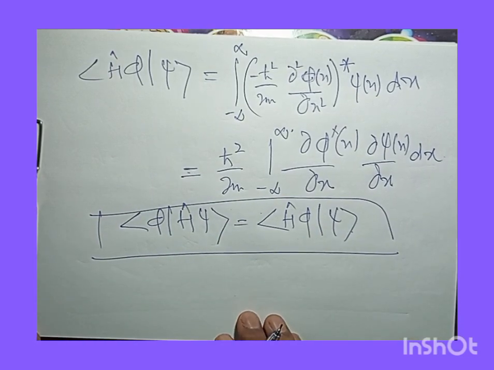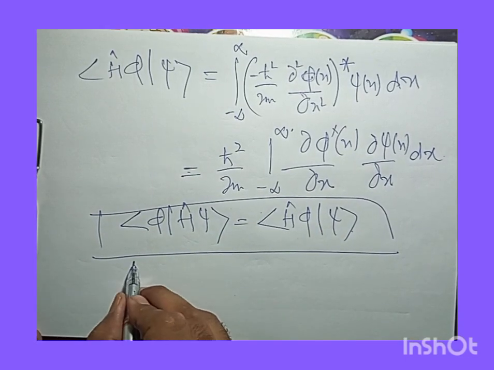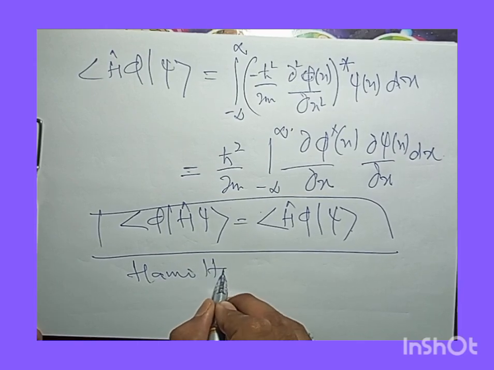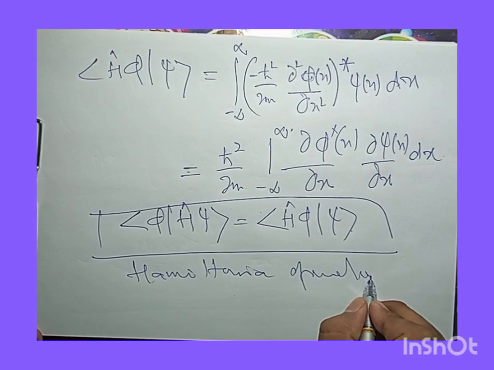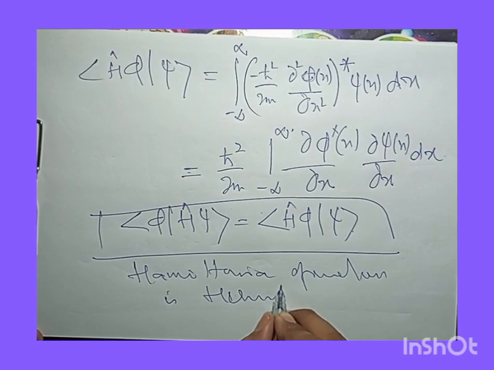So what it proves automatically is that the Hamiltonian operator is a Hermitian operator.